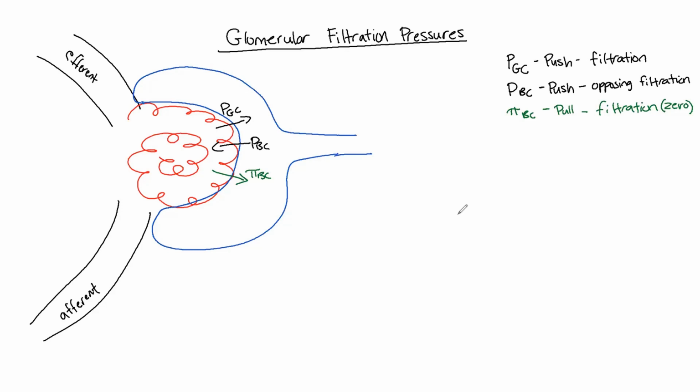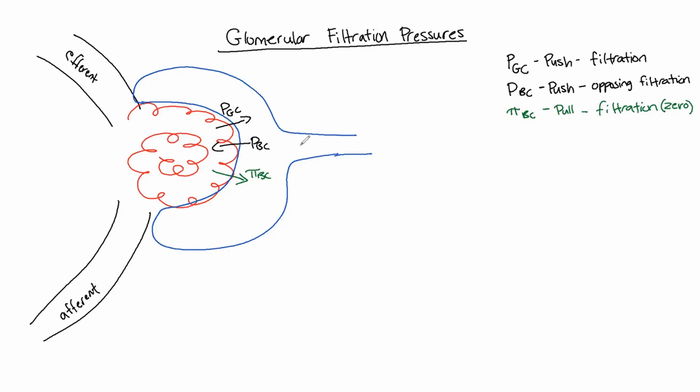While we have forces trying to move the fluid in different directions, we know that the overall net direction is always moving fluid out into the Bowman's capsule. So it would be incorrect to think about this as absorption, because that doesn't actually ever happen. But in theory, it is a force that would favor absorption. Great question.